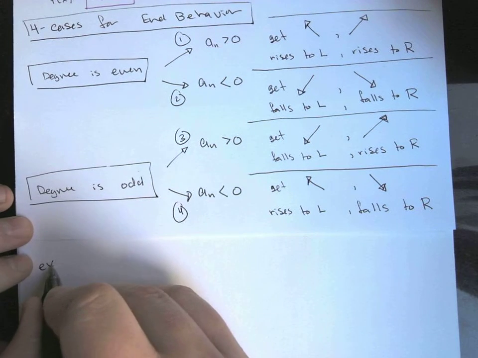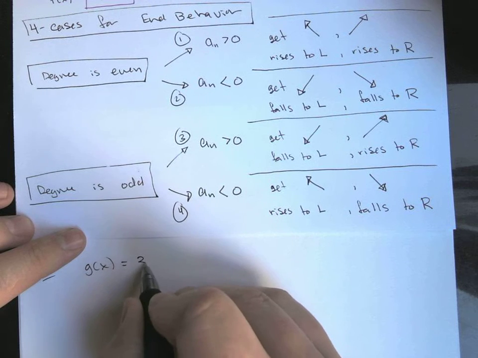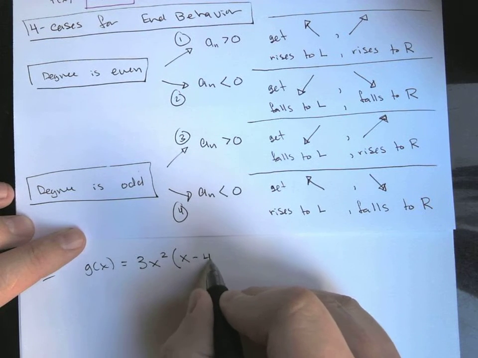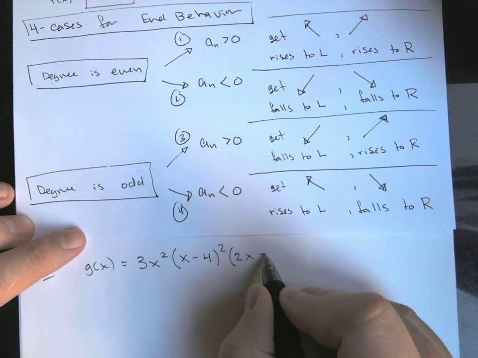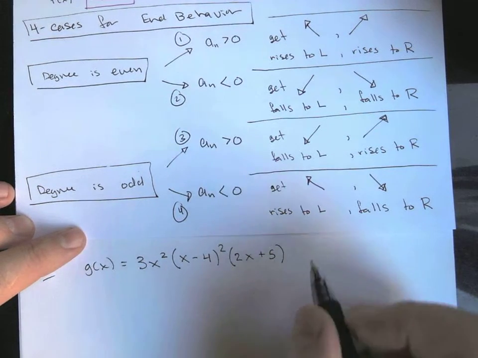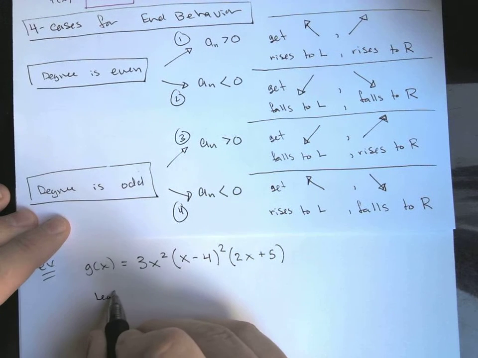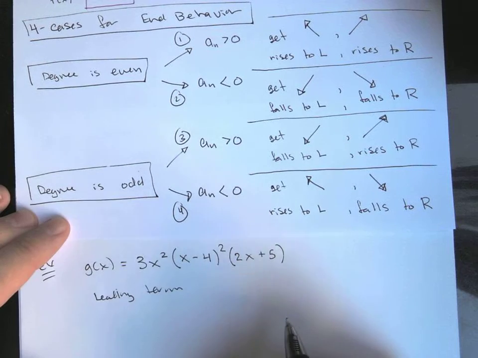So maybe g of x is 3x^2 times (x minus 4) squared times (2x plus 5). All I care about is my leading term.